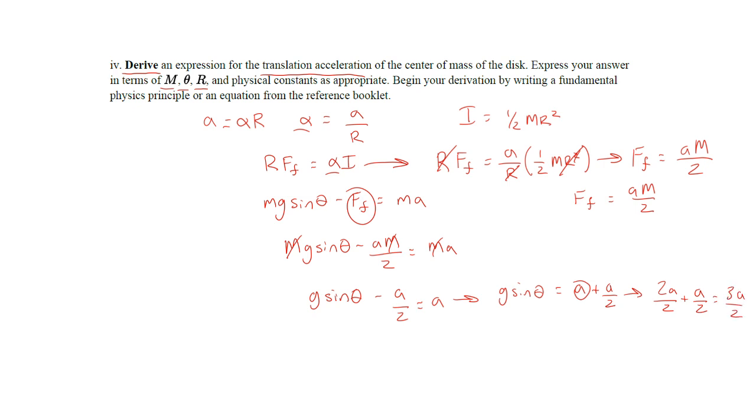So we have g sine theta is equal to 3 halves a. So setting a by itself, we end up with a is equal to 2/3 g sine theta, which is the final answer. So our expression for the translational acceleration is 2/3 g times sine theta.